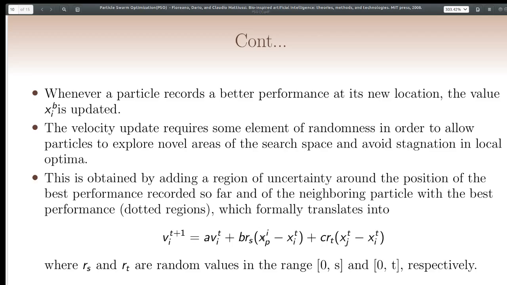You can see new variables rs and rt in these two terms, where rs and rt are random values in the range 0 to s and 0 to t, where s and t are constant values respectively. These variables add randomness to this equation so that the agents can explore new areas in the search space to avoid the local optima.